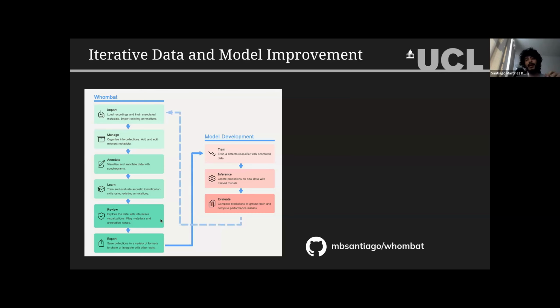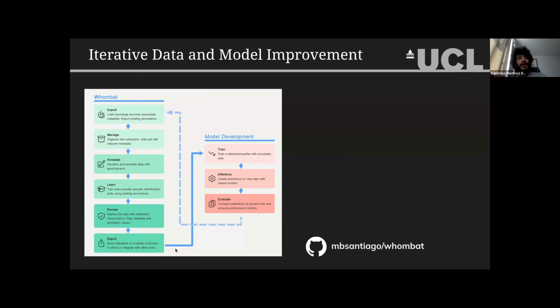There's also a review tool so that people can see other people's annotations, flag issues, and comment on different clips of audio as a way of building consensus around tricky identifications. Ideally, once you do that, you export all your annotations and do whatever you want with them on the side, mainly model development.